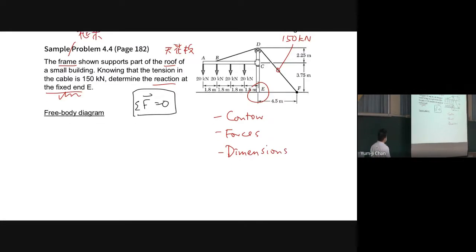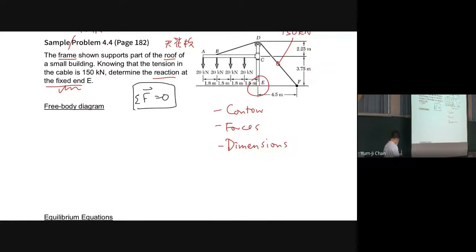We need external forces only; we don't need internal forces. And we need dimensions.